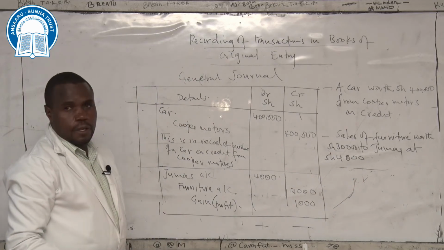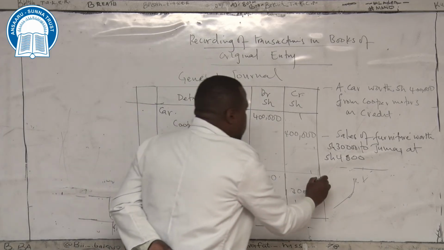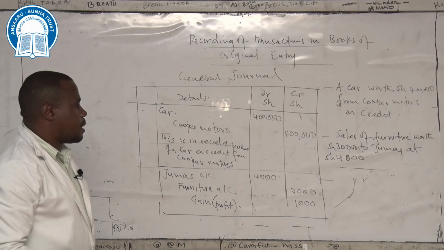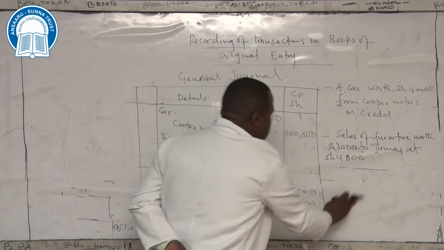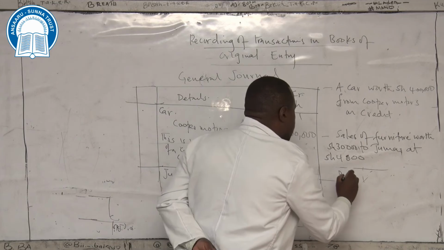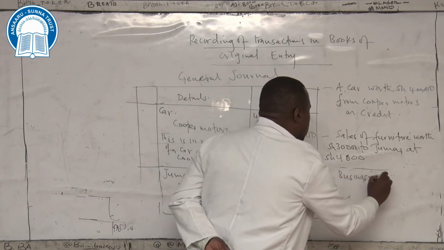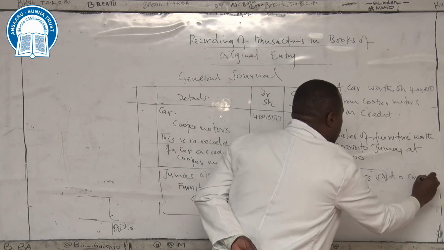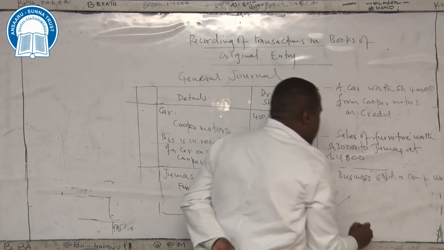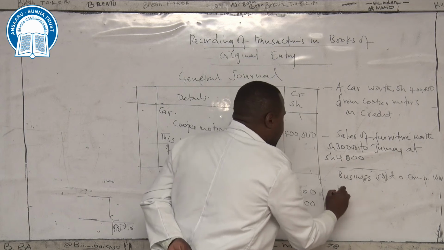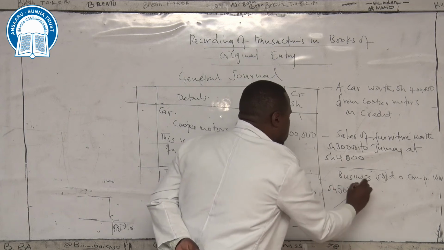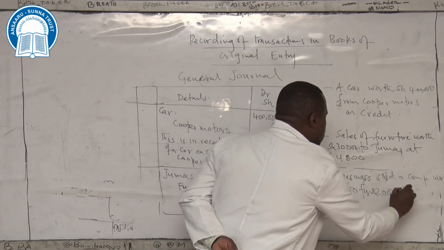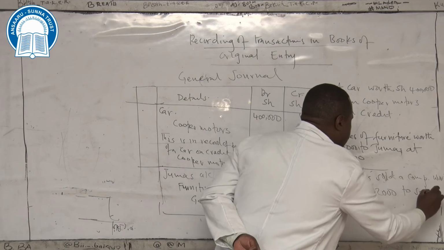For example, if the business sold a computer worth 5,000 shillings for 2,000 shillings to Sally.